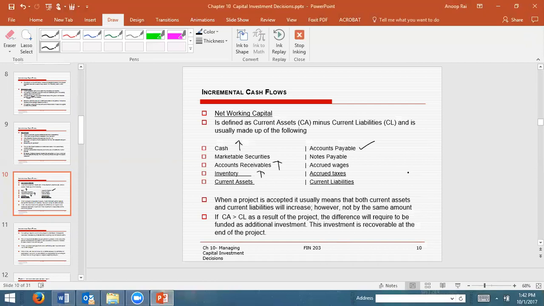You're giving credit of 3 days, they're giving credit of 3 days, and if everybody pays on time, you won't need any money. Accrued wages and taxes, there's nothing you can do, in the sense that this is what you have to pay your employees, so you'll be accruing wages at some point. But that's a benefit to you because you don't have to pay it every day, you'll pay every 15 days. And notes payable is bank loans, and that's exactly what you'll do when you run short of money.